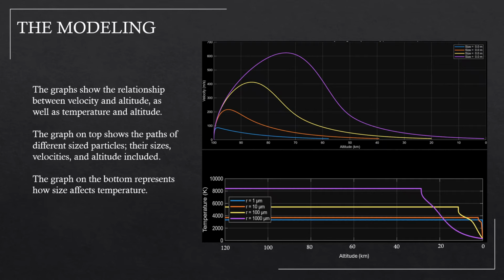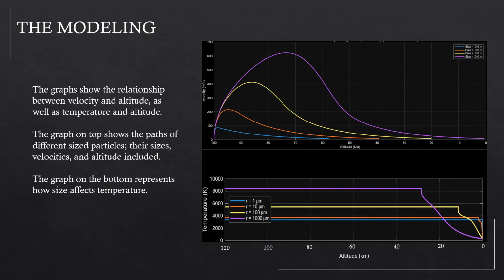Using Euler's method, we were able to come up with multiple graphs. The graphs presented show the relationship between velocity and altitude, as well as temperature and altitude. The diameters for both graphs are 1 micrometer, 10 micrometers, 100 micrometers, and 1,000 micrometers, which is the equivalent of 1 millimeter.